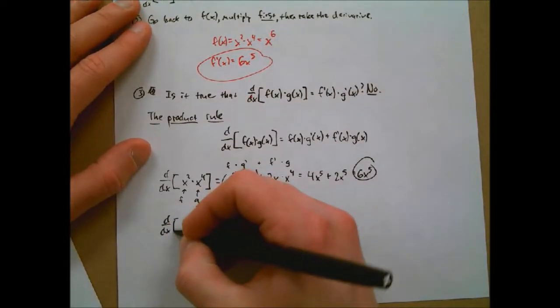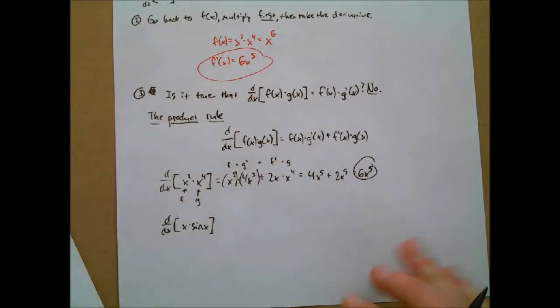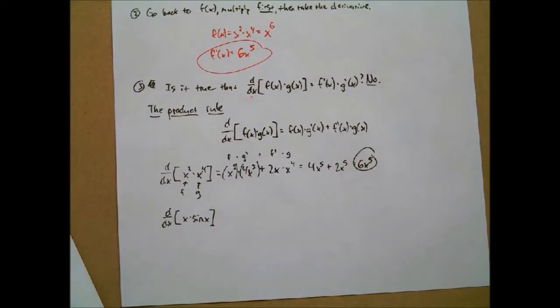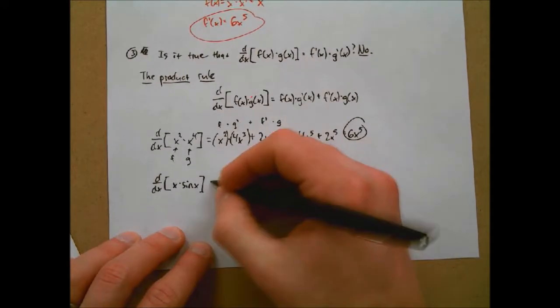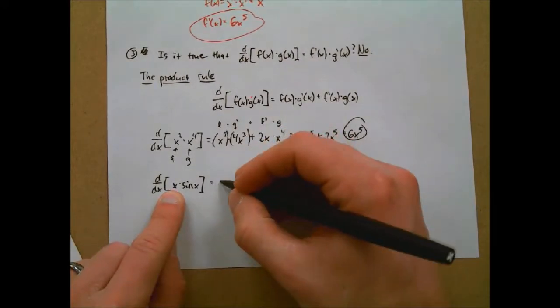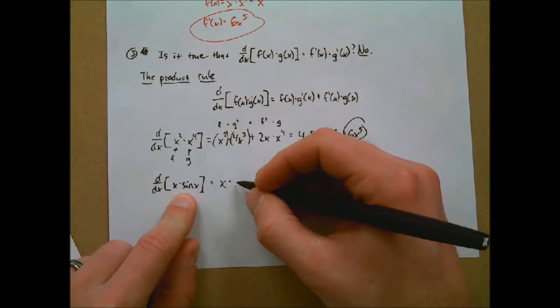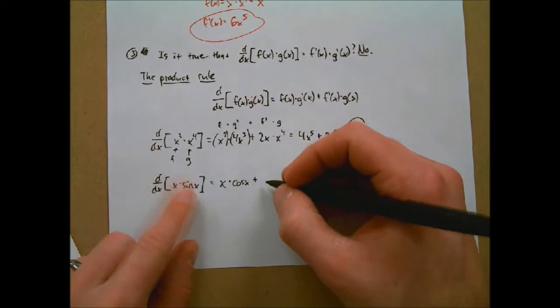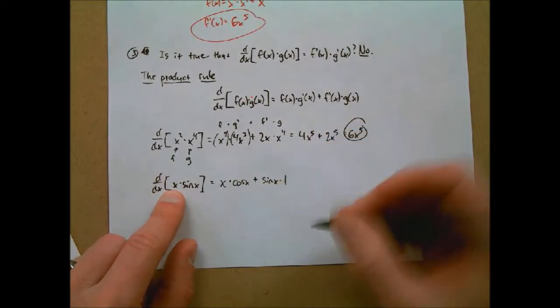But now we can take the derivative of something like x times the sine of x. X sine x. So it's the first, x, times the derivative of the second. What's the derivative of sine? Cosine, plus the second, sine, times the derivative of the first, which is 1. I switched the order there, but it's the same thing.